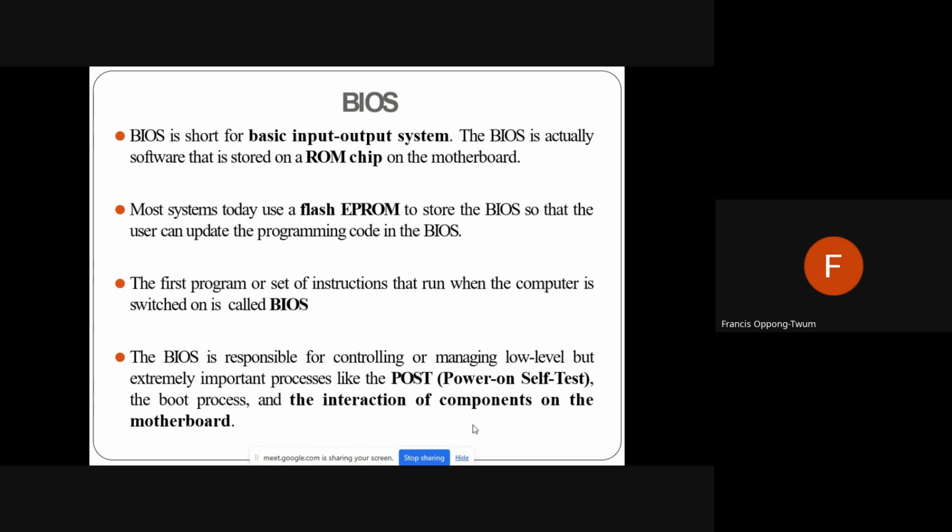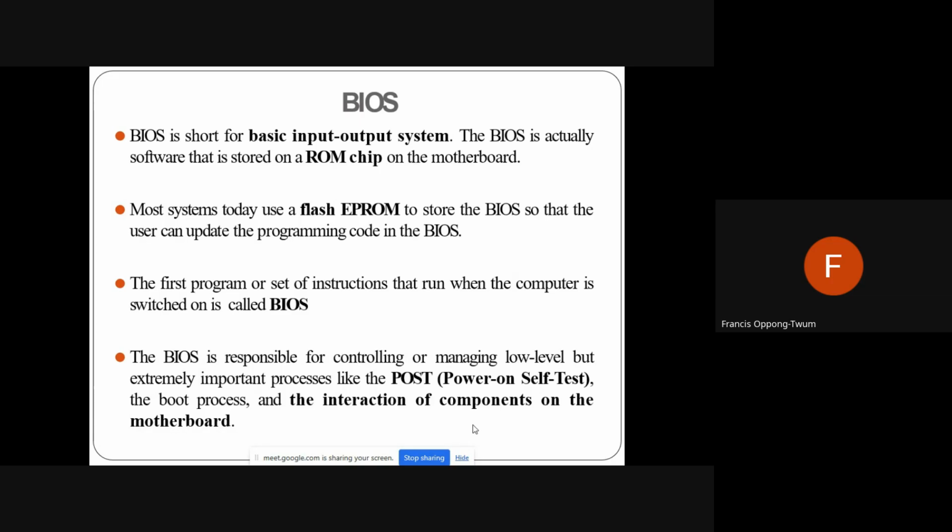Anytime your computer is completely off and you press the power button, the first program that runs is the BIOS. Sometimes when you put your computer on and press F5 or another key, depending on the computer, the BIOS will open for you.